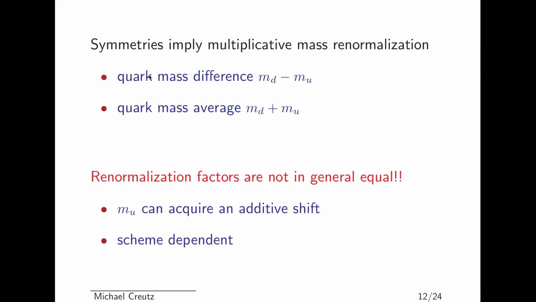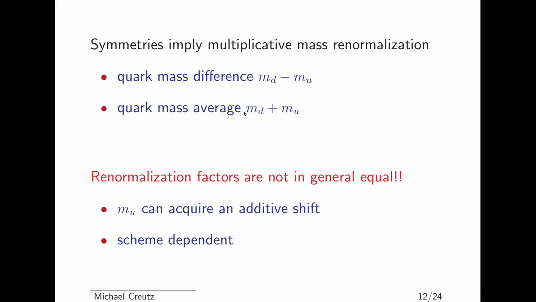Symmetries do apply multiplicative mass renormalization of some things. For instance, the quark mass difference, that is controlled by a symmetry, isospin symmetry. So this thing gets multiplicatively renormalized. The quark mass average is the other, symmetry under flipping the signs of both of them. So both of these are additively renormalized.